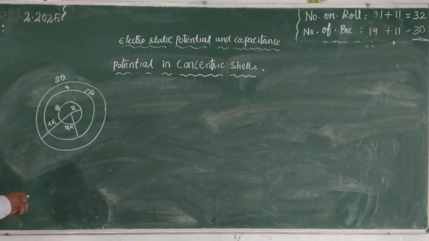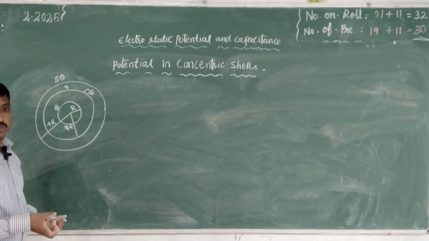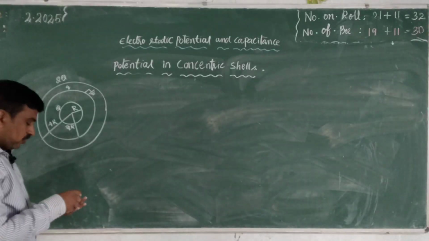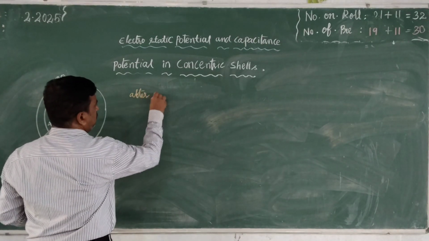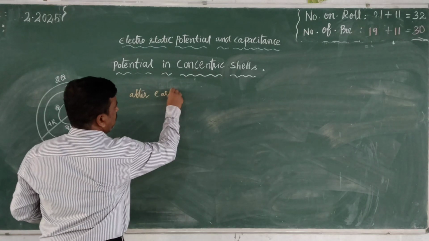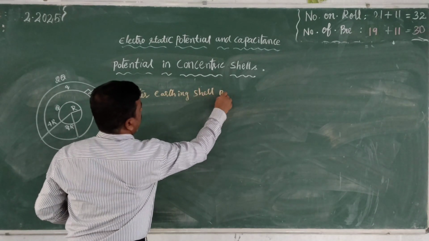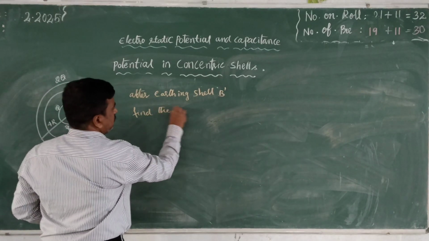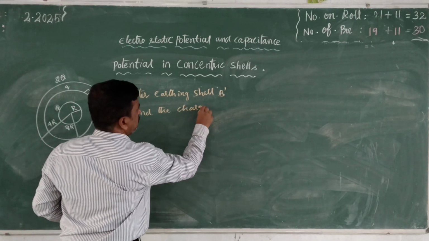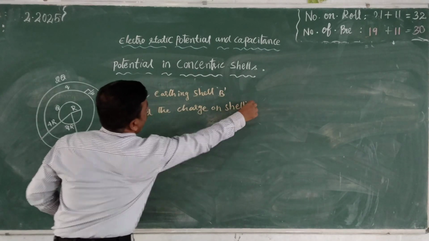When any conductor is connected to earth, its potential is zero. After earthing, find the charge on the second shell.